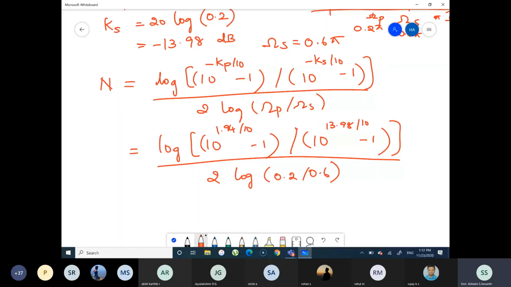So you should be getting around 1.708. 1.708 for the order.